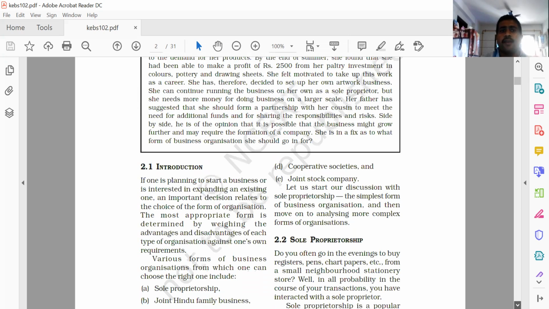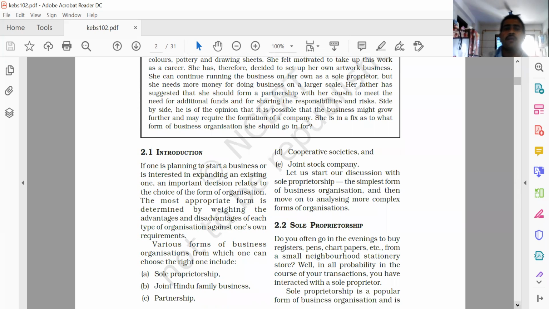Introduction. If one is planning to start a business or is interested in expanding an existing one, an important decision is related to the choice of the form of organization.